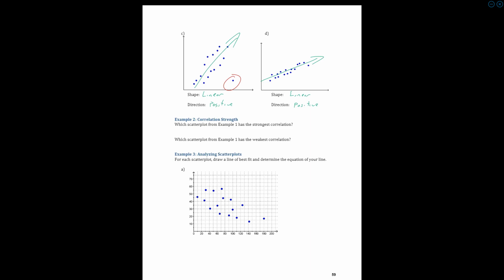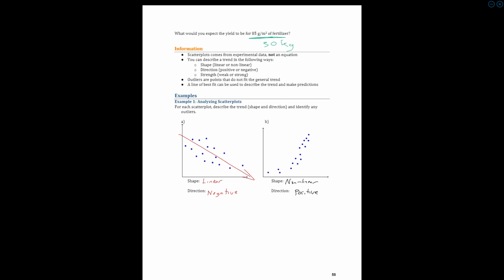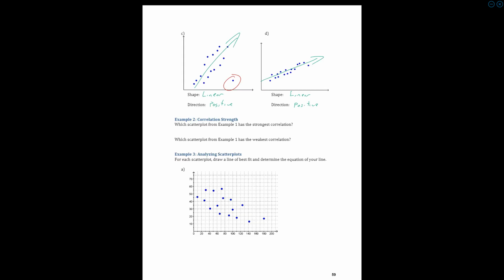Closer to the line, most closely bunched. Nice. So maybe D is the strongest, and then A or C? A or C is probably the weakest. You're going to say A? Yeah. All right, I think you're right. The only thing is, because there's this one outlier on C, it would slightly skew it.